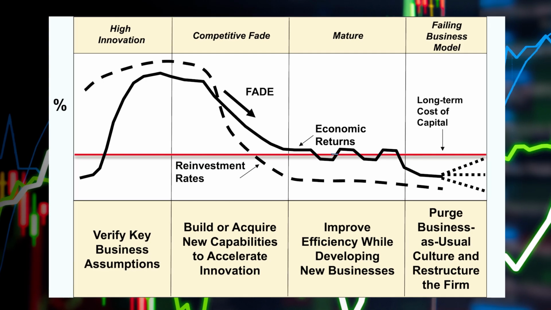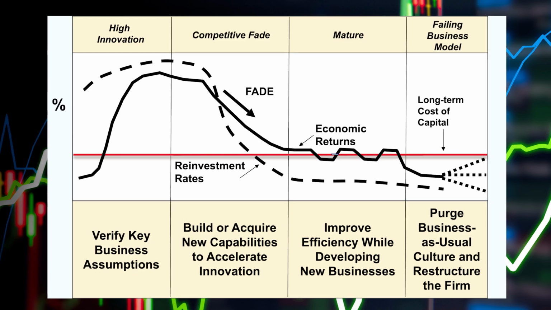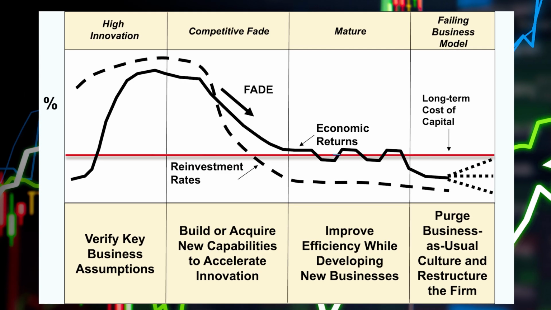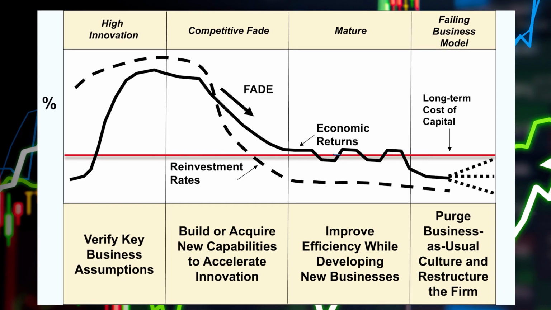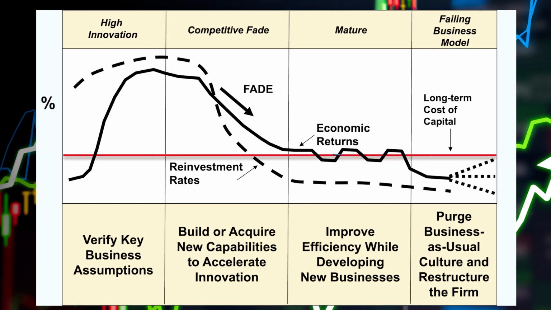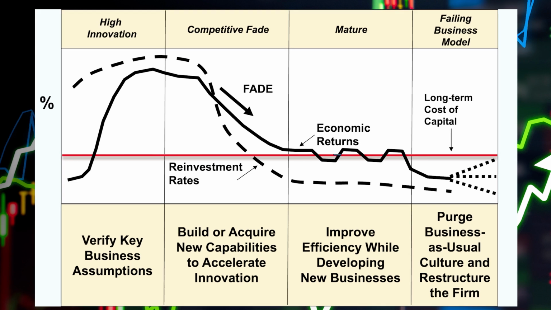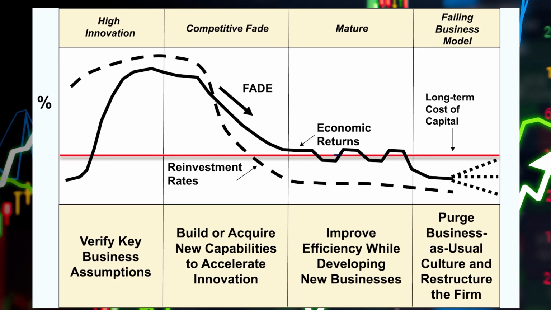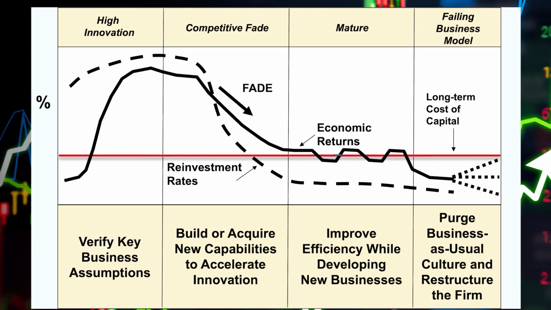At the mature stage, management faces a tough task. They must continually improve efficiency of existing operations while developing new businesses capable of earning more than the cost of capital. The hallmark of the failing business model stage is complacency and a belief that the future will mirror the past. Restructuring of the firm and purging its dysfunctional culture is needed.